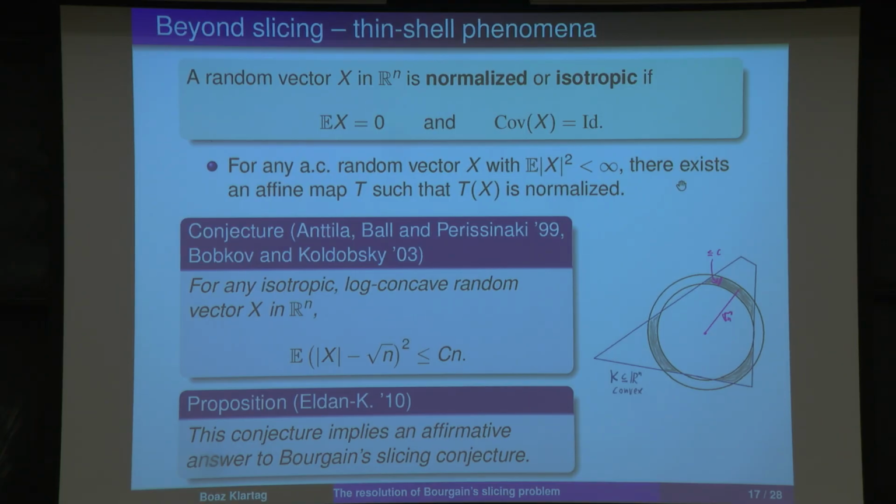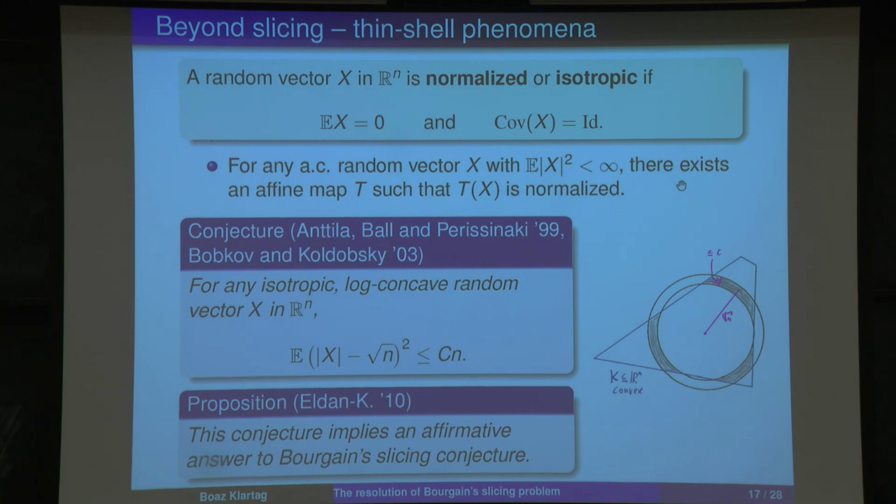This is the fact that for many distributions, for example, IID random variables with finite second moment, most of the mass of the distribution is concentrated in a thin spherical shell in Rn. So the width of this thin spherical shell is much smaller than the radius of this spherical shell.